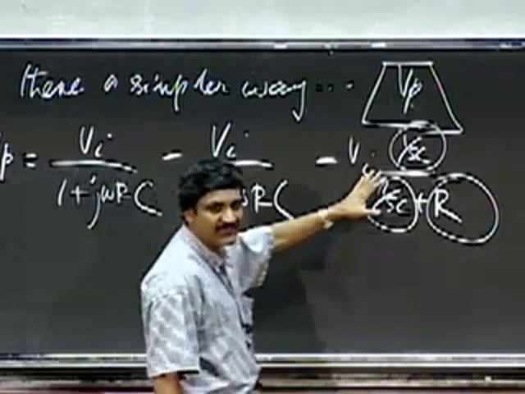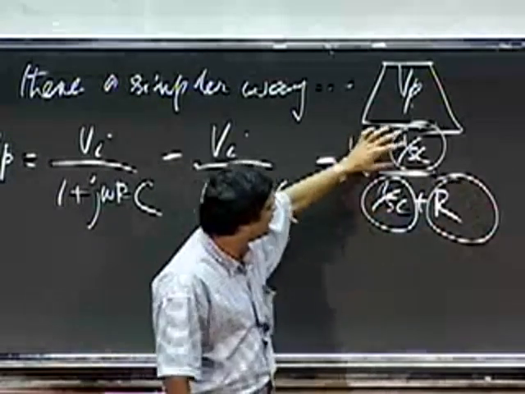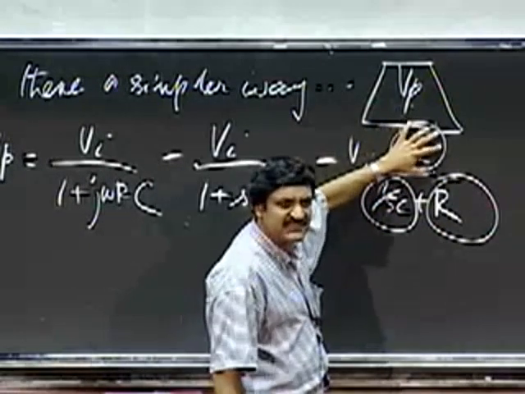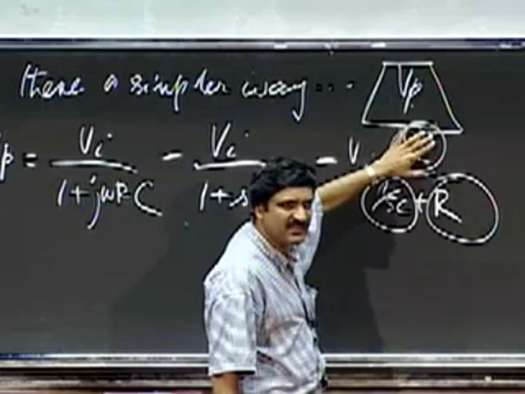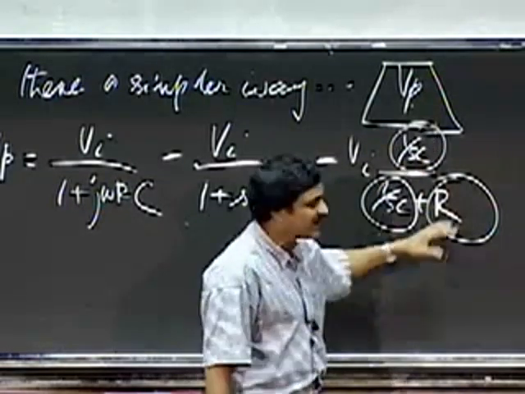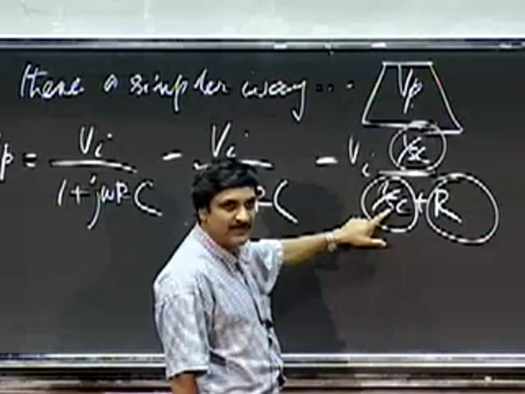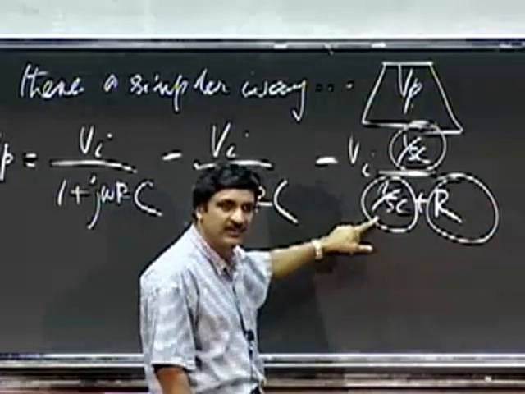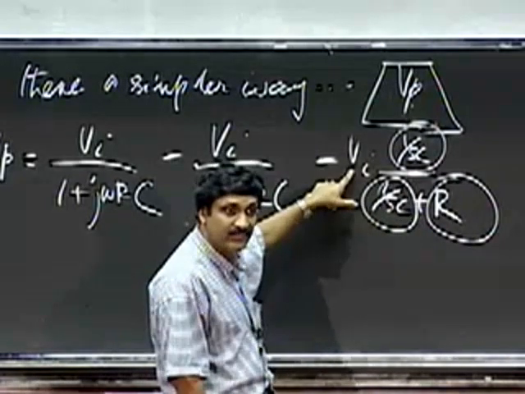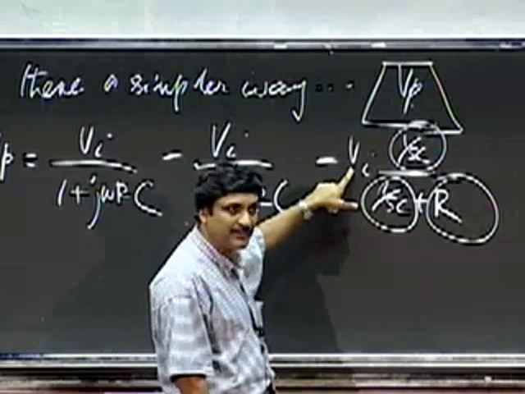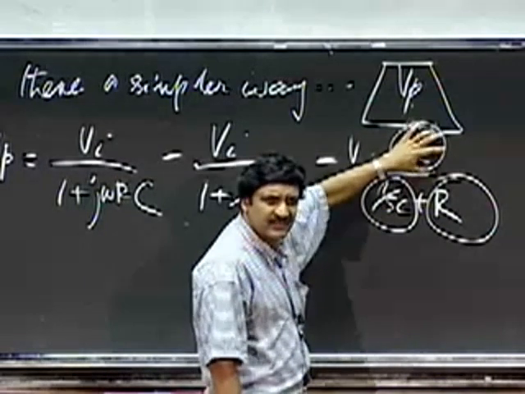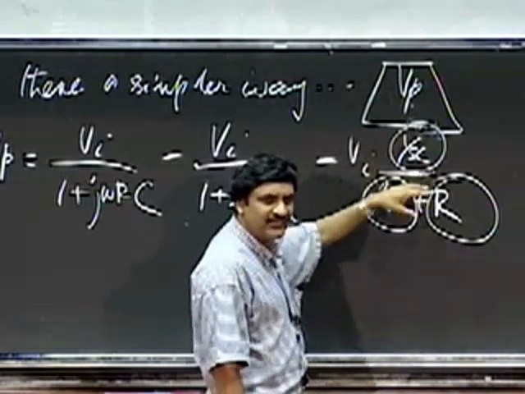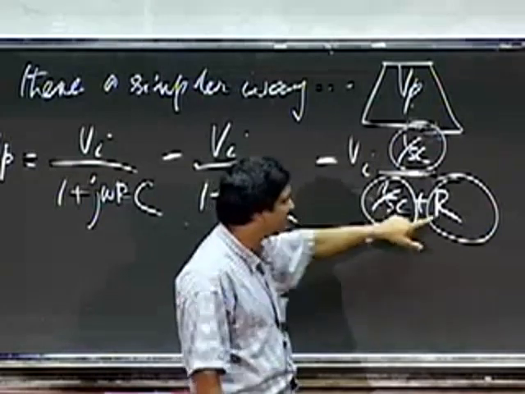The form we have here is 1 divided by SC, some function of my capacitance, divided by something related to my capacitance plus R. So this is VI multiplied by something connected to capacitance divided by something connected to capacitance plus R.